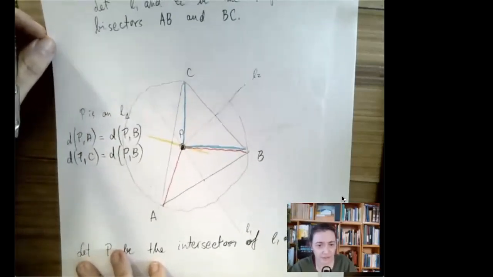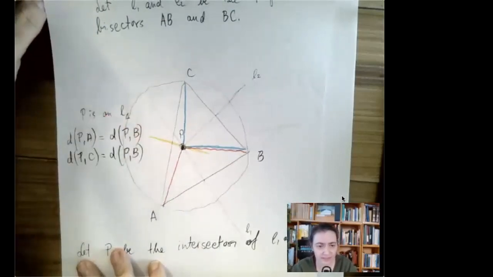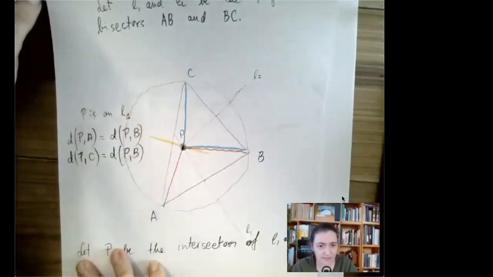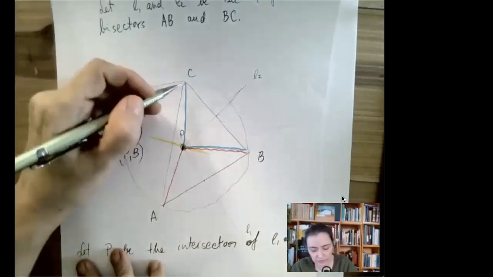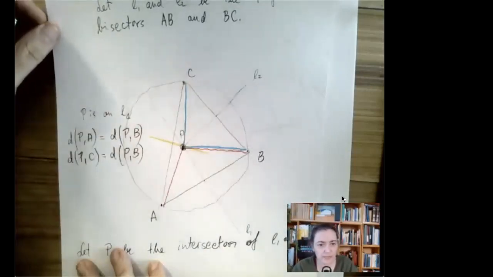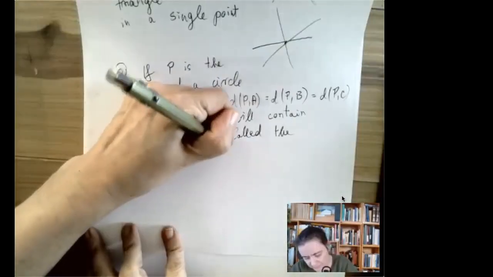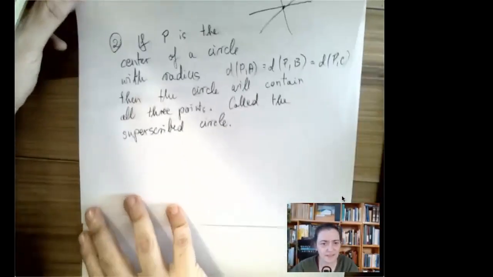So every triangle has this unique point where the perpendicular bisectors intersect. And that is always the center of the circle containing all three vertices, which is sometimes called the superscribed circle and also sometimes called the circumscribed circle of the triangle. It always exists and is always unique.